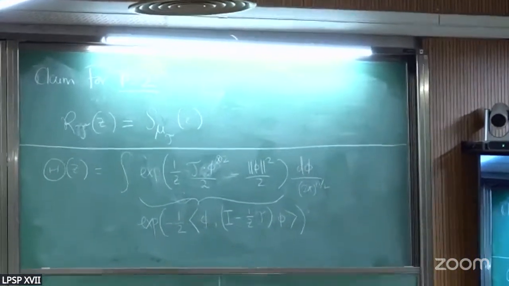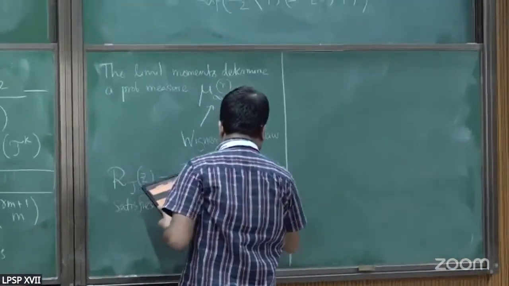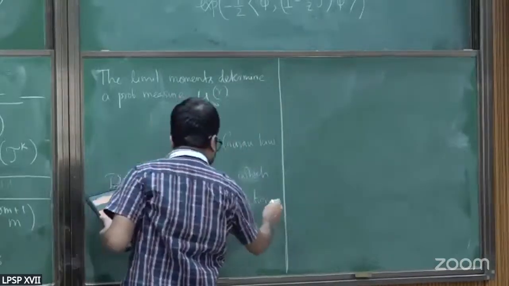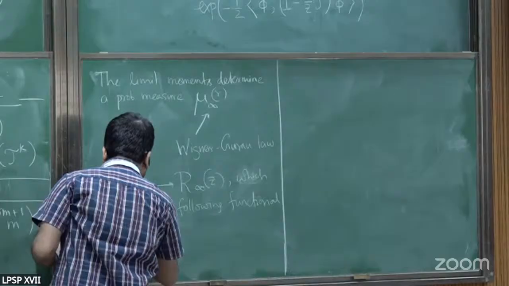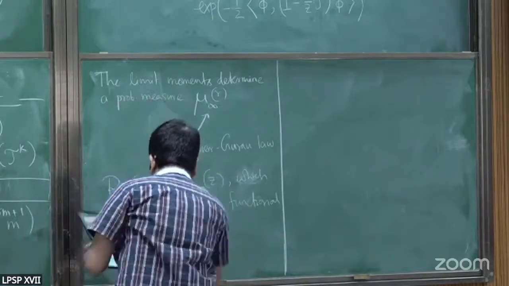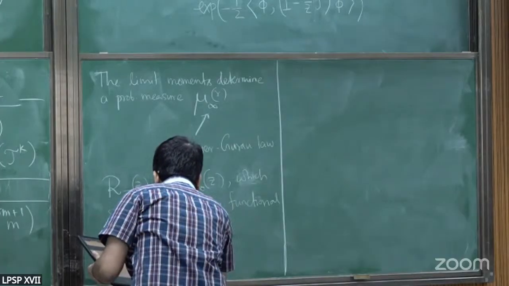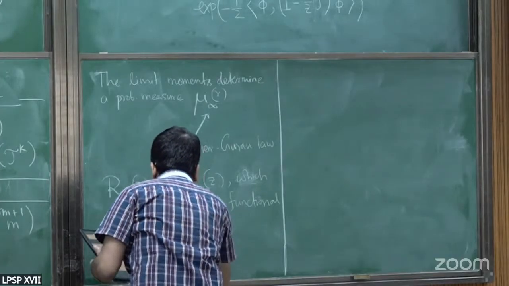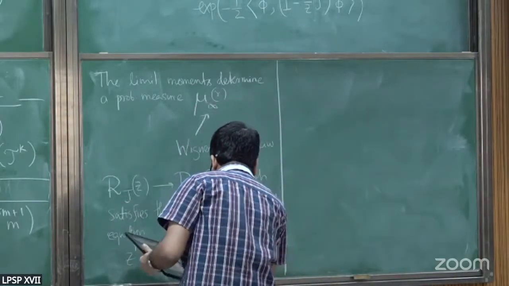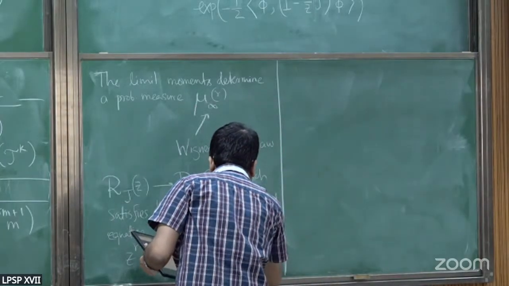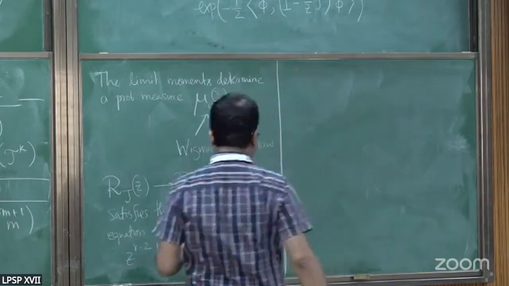And it satisfies the following functional equation: g to the r minus 2 R infinity to the rz minus drz plus 1 equal to 0.